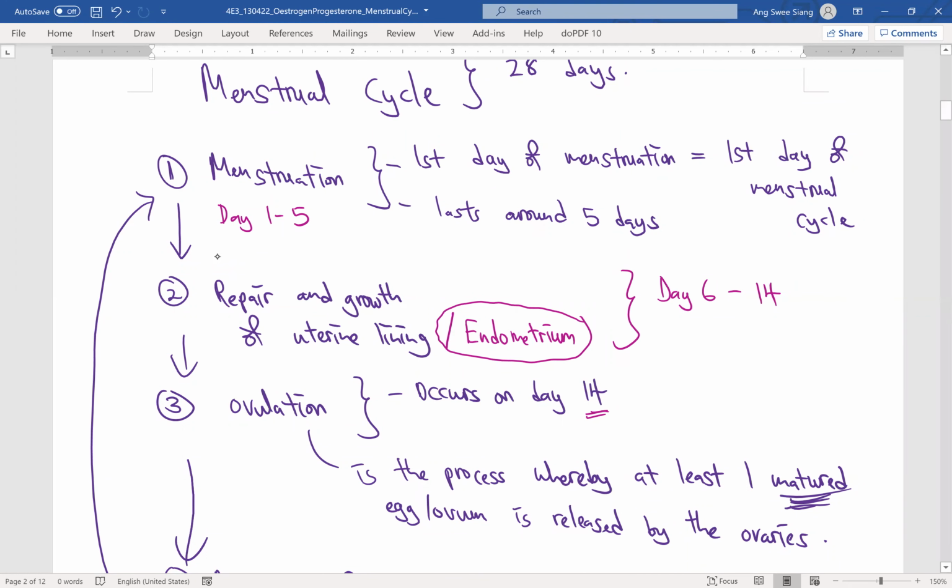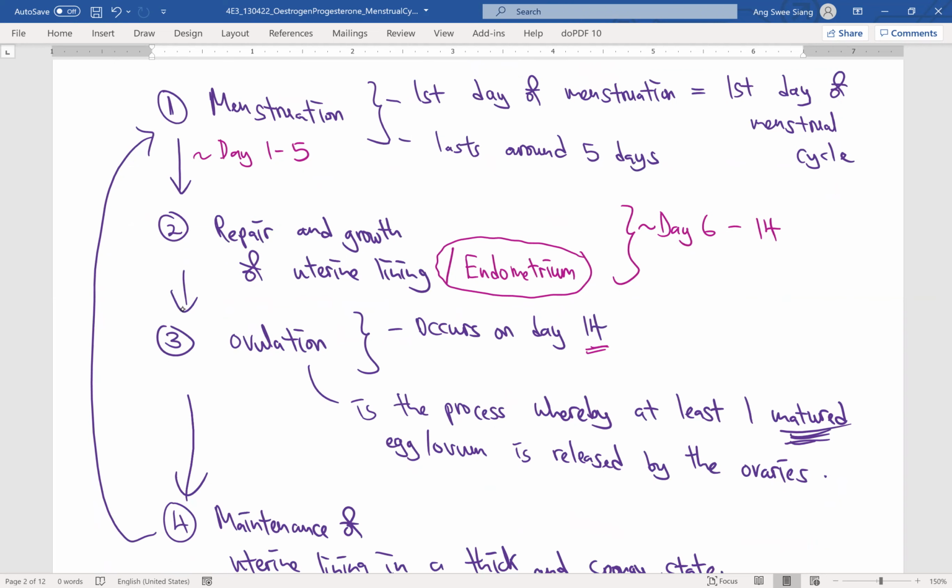Roughly, approximately, because different textbooks or guidebooks give different days. Then ovulation has to be on day 14. There is no approximation. It's in your syllabus, ovulation is on day 14.